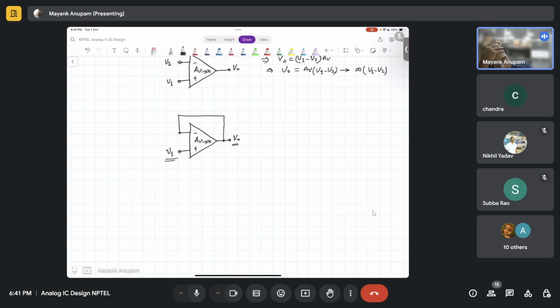Let's say this voltage is any voltage V2 again. The op amp only knows one equation, only one guiding principle: if you are seeing any signal at the input, V0 should tend to infinity times V1 minus V2. That is the only thing that the op amp knows, right?